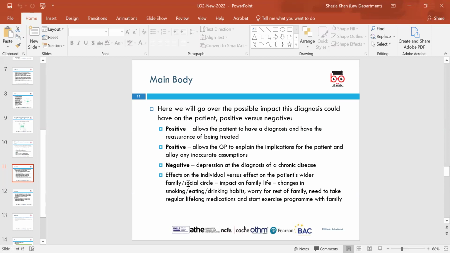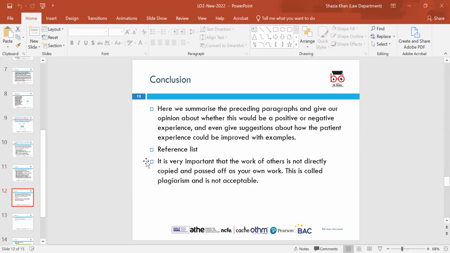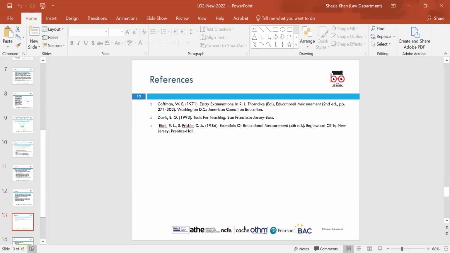And then the negative is depression at the diagnosis of the chronic disease and also the effects on the individual. Then we had a conclusion. Here we'll get everything together and summarize everything. We look at it with examples and we provide a reference list. Again, referencing is using the Harvard system. So that was learning outcome 2.